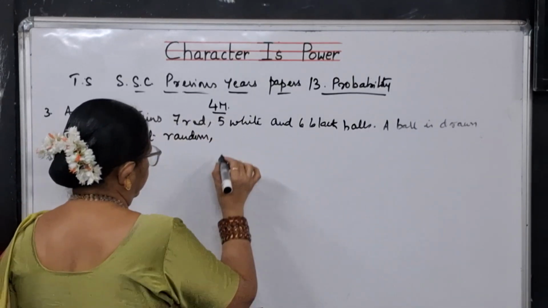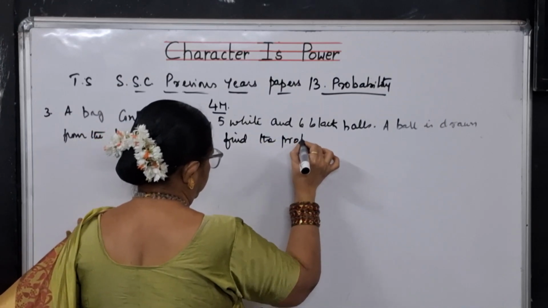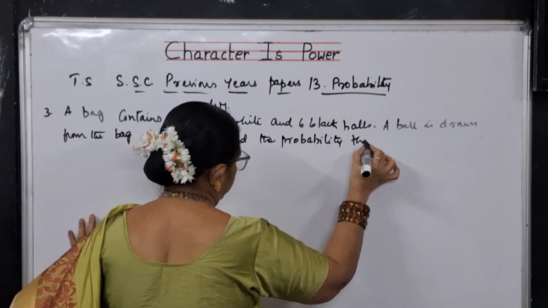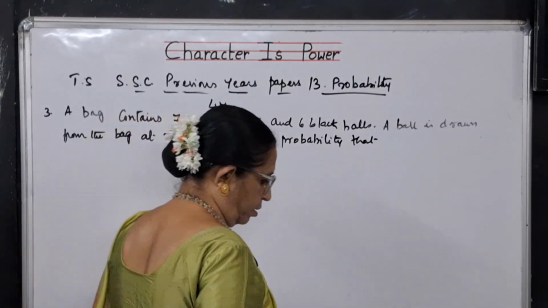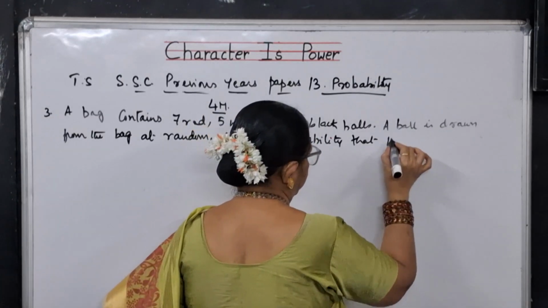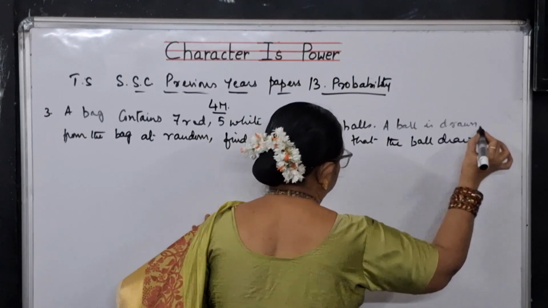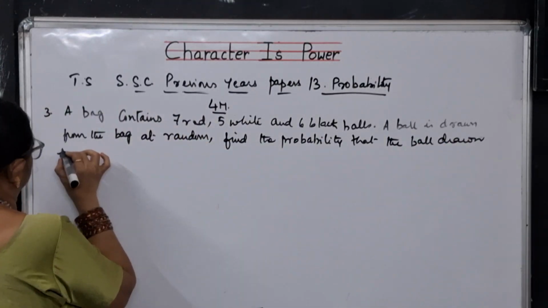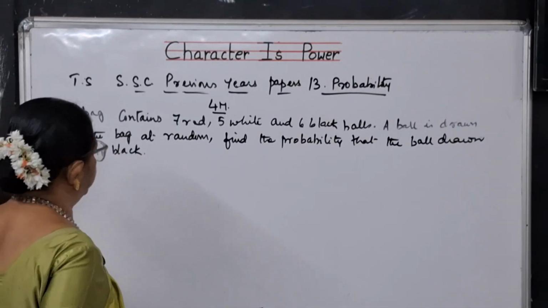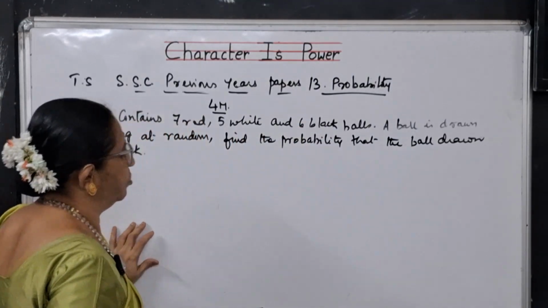Find the probability that the ball drawn is not black. This is the question. Means 7 red balls are there, 5 white balls are there, 6 black balls are there.